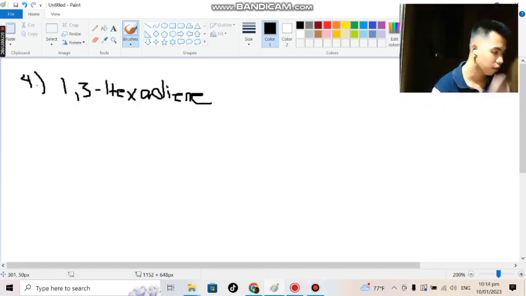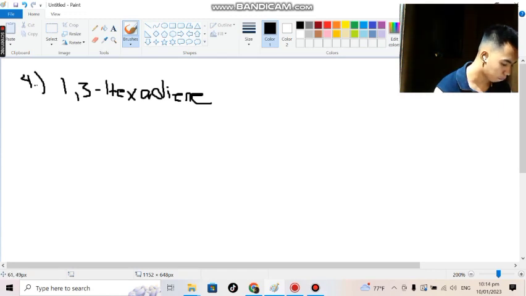Okay, so for our fourth problem, we are tasked to draw the structure of the presented compound, which is the 1,3-hexadiene. I'm going to draw this one.